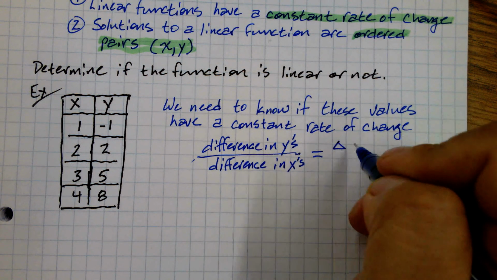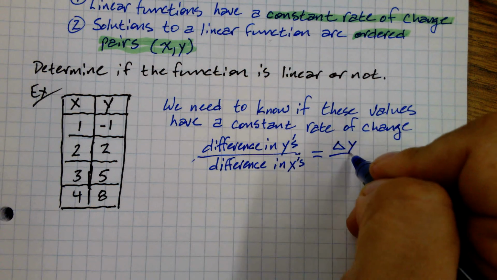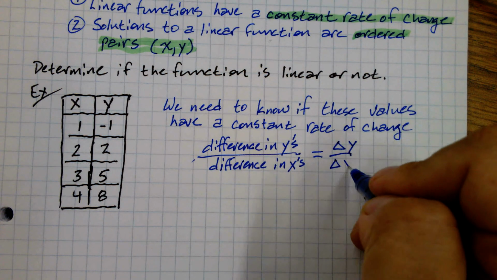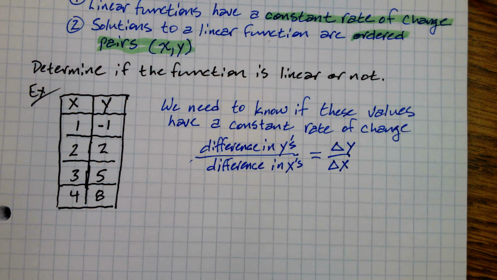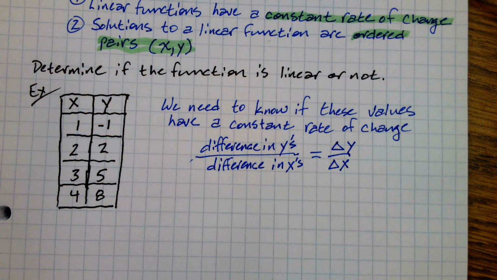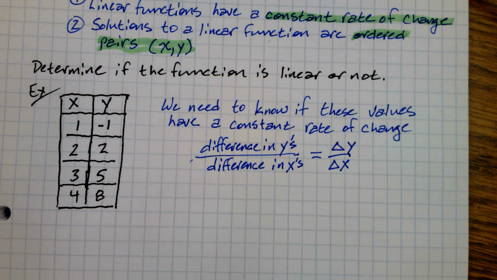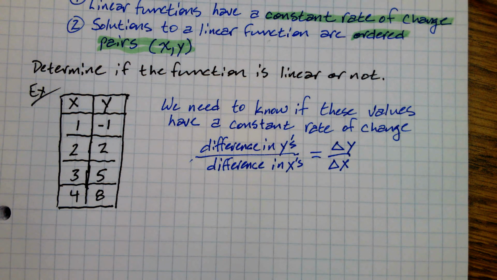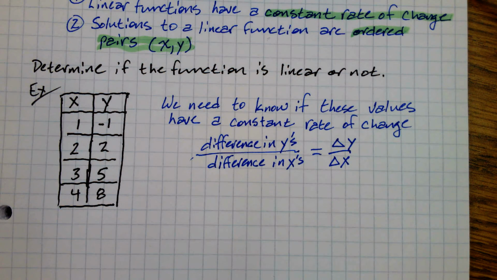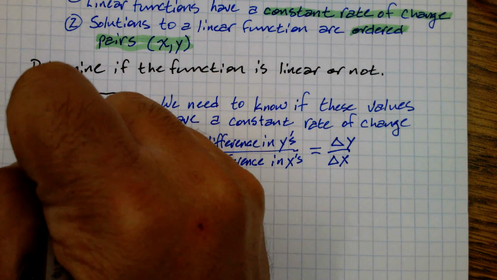And one way to write this is delta y over delta x. That little triangle there means difference. So we need to check that each and every time. So sometimes it's pretty easy.